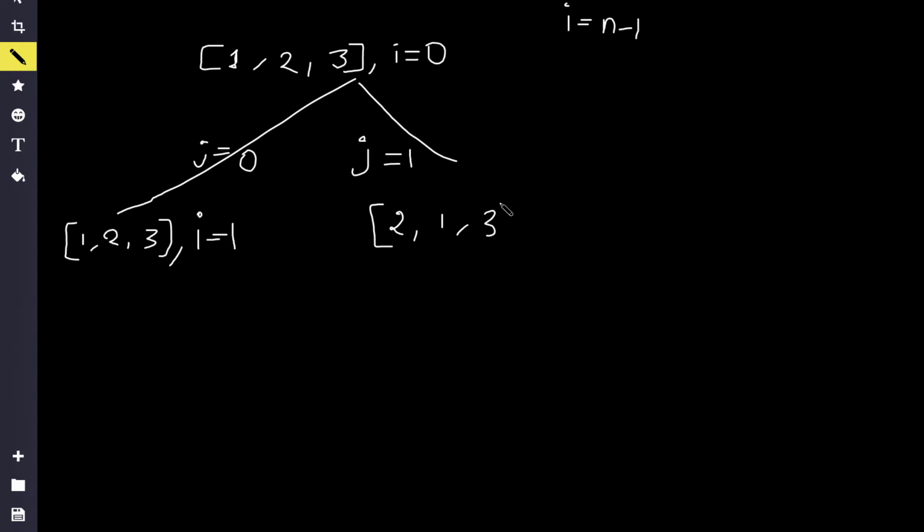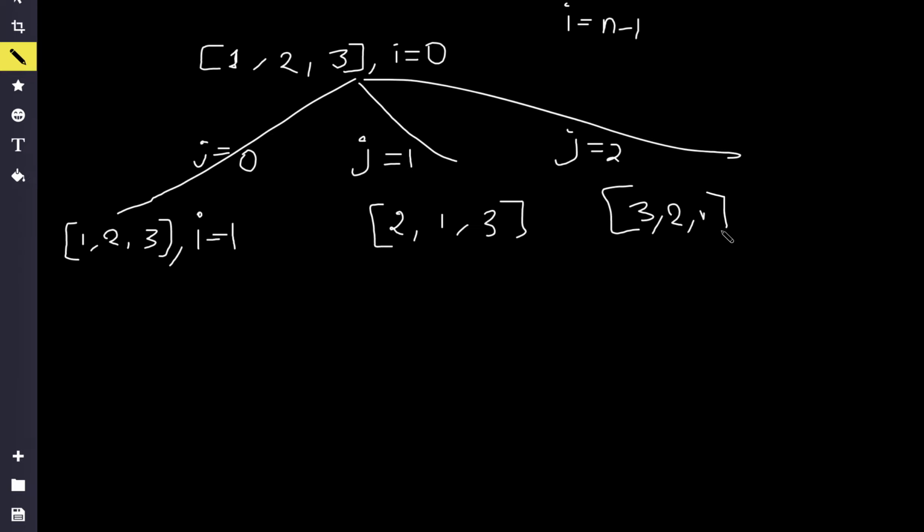Similarly, in the next for loop iteration, j would have reached 2. Now we will be swapping the second index with the 0th index, the I. While we swap that, our 1 will be swapped with 3. So the values will be 3, 2 and 1.